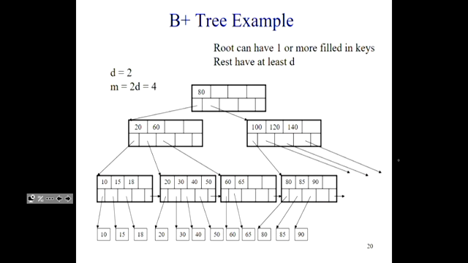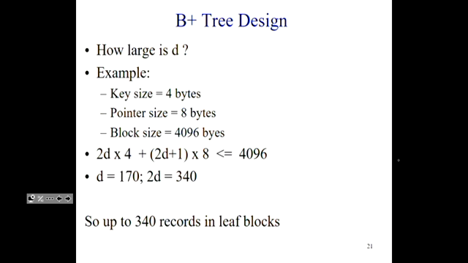Okay. So let's talk about how large D can be in a B tree in order to respect the constraint of your block size. Your key is typically 4 bytes, your pointers are typically 8 bytes, and your block size is typically 4 kilobytes, so 4096 bytes.